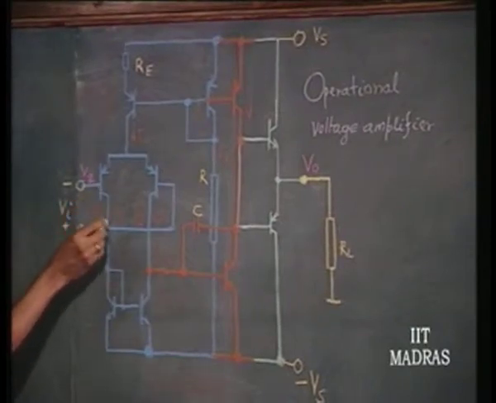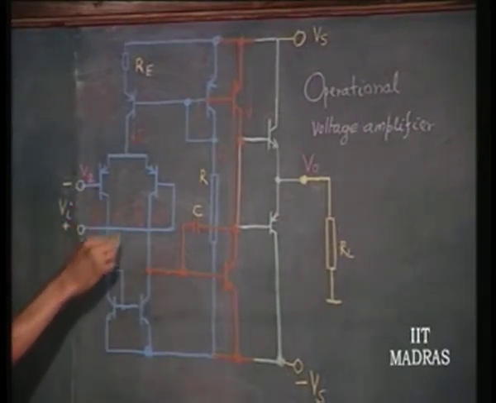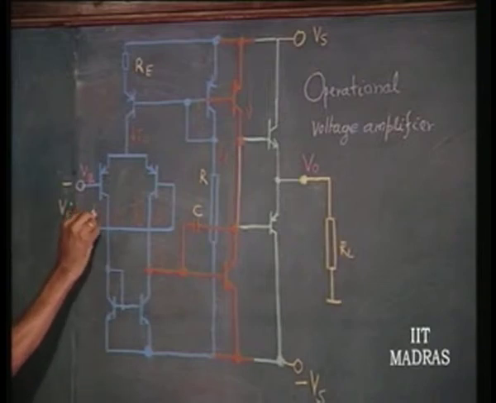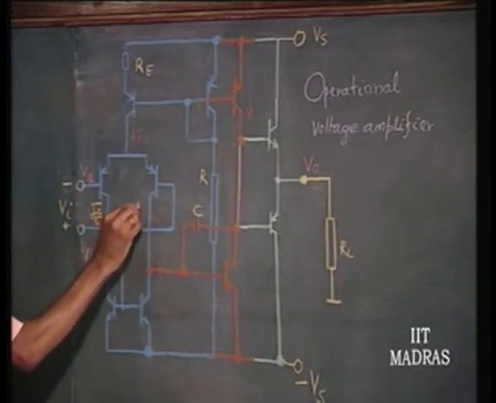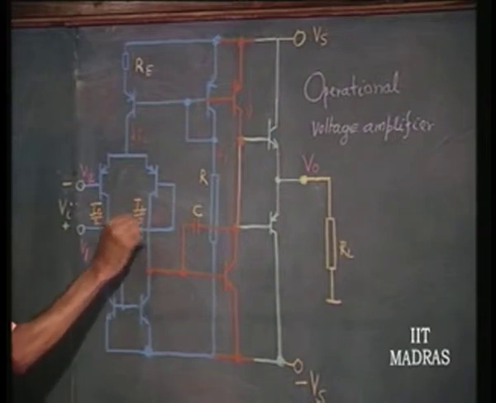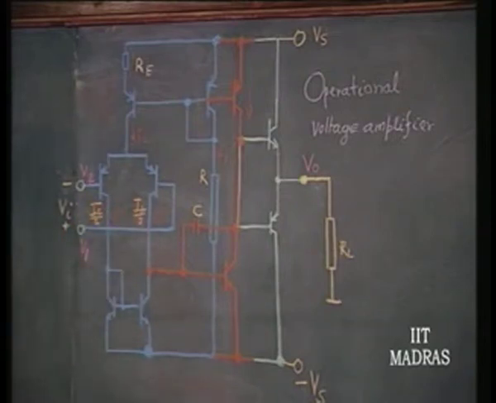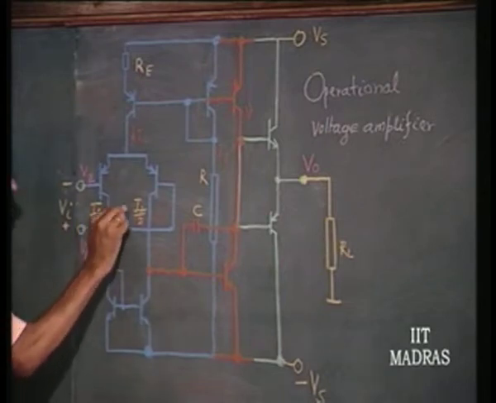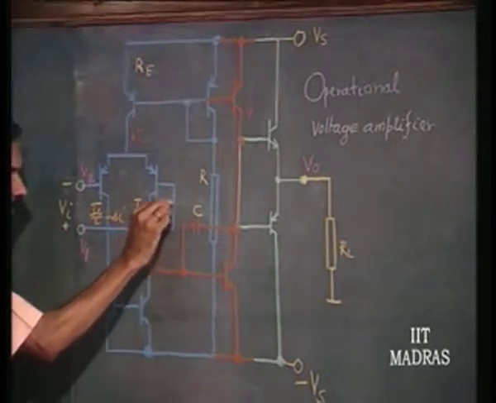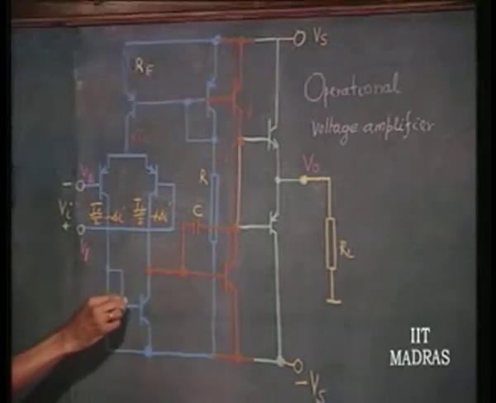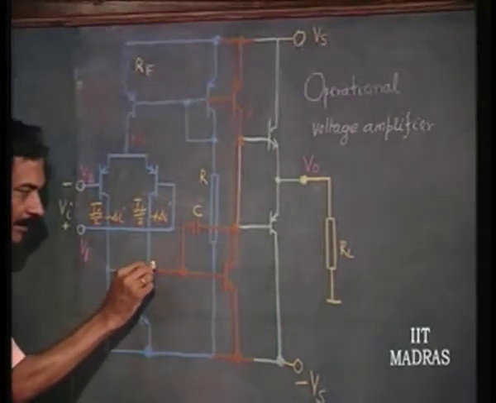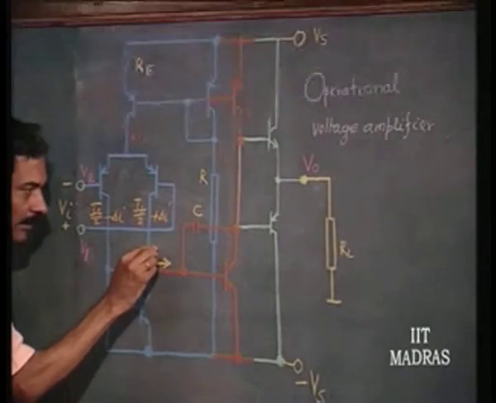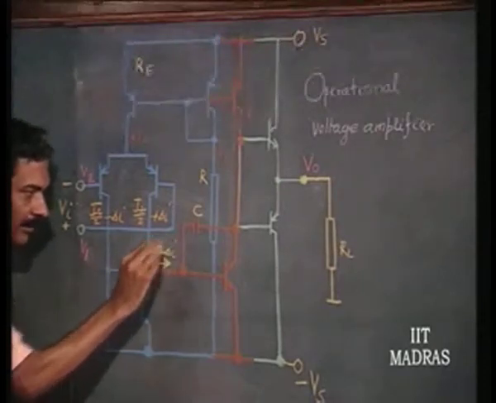So, if we have Vi, the current in this is going to be, let us say, I2 by 2, I2 by 2, and this is minus delta I, this is going to be plus delta I, and now you can see that 2 delta I is going to pump into this.